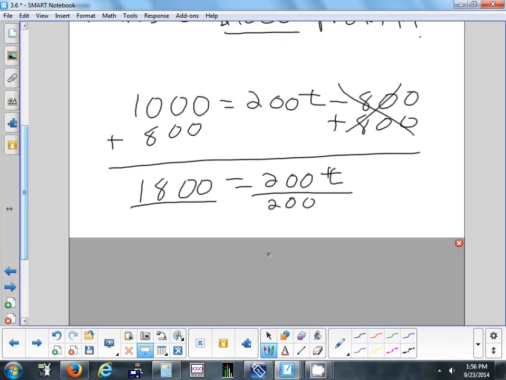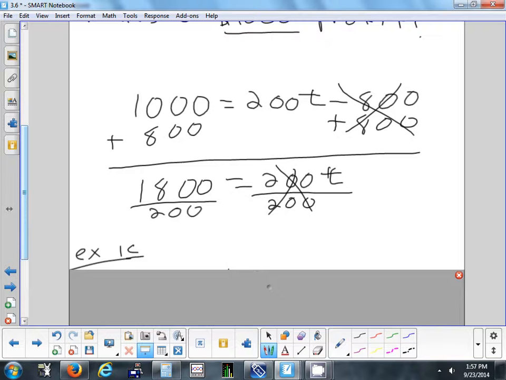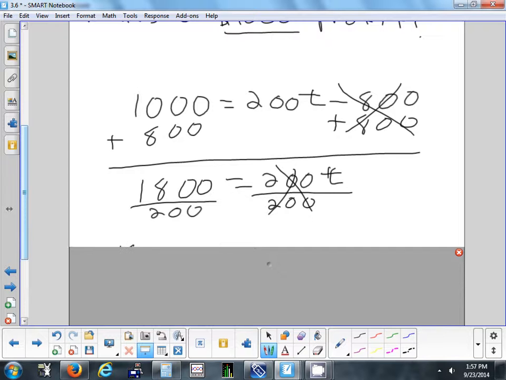Divide each side by 200. That cancels out. And Ben, what's that going to give me? 1,800 divided by 200. Well, cancel out your zeros. And then 18 divided by 2. 9.